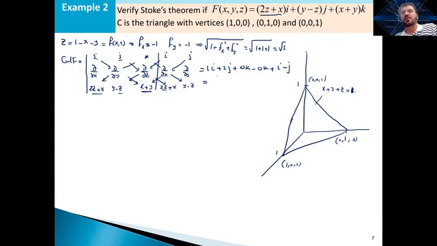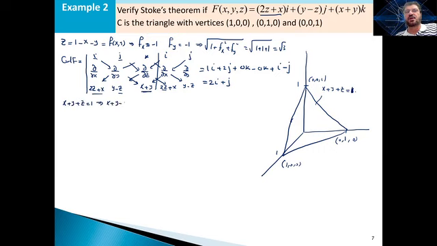So what do we have now? i, and i is 2i. 2j minus 1j is actually 1j. 0k, 0k is gone. So this is what's left in curl f. Now we need to find n. So what is g? Now in this, we have x plus y plus z equal to 1. Move everything to one side.